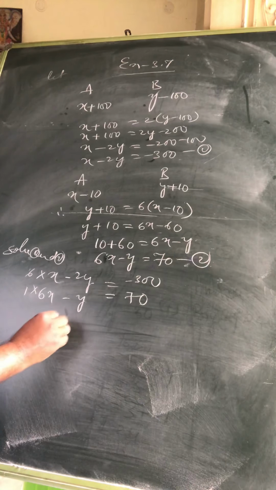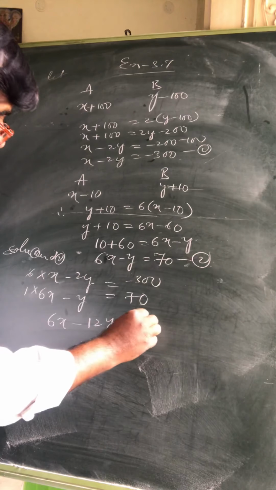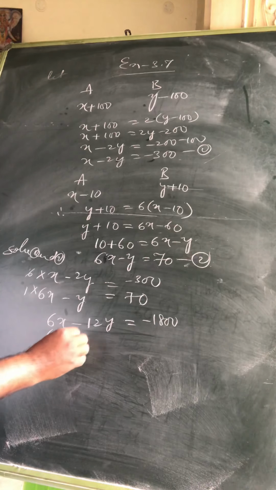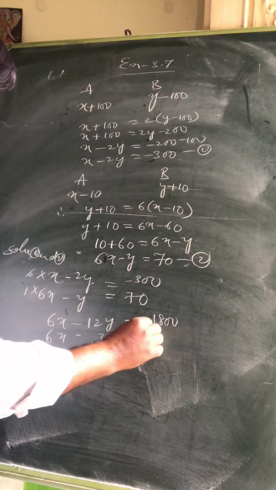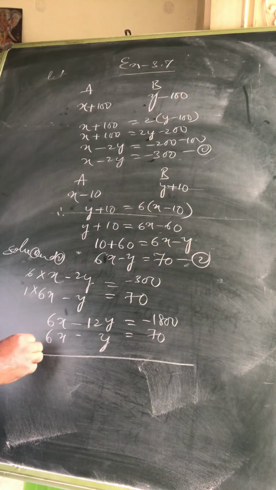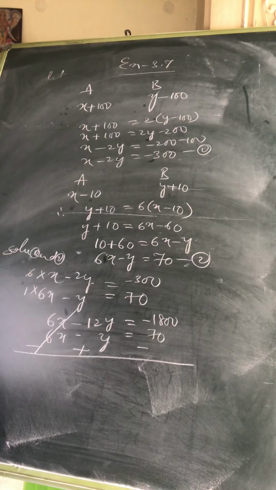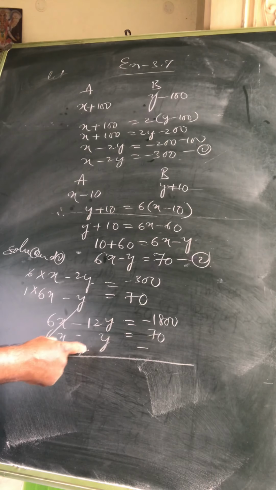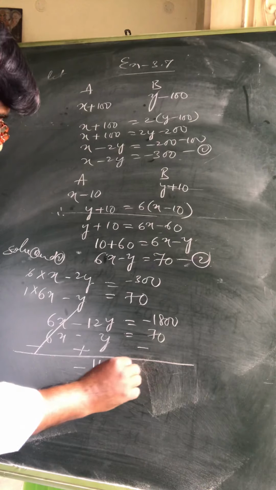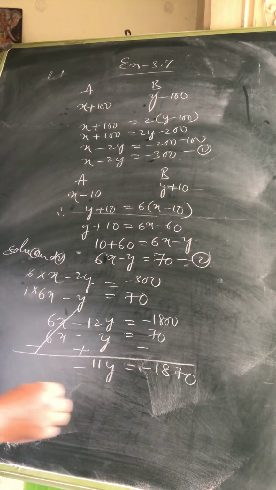So 6x minus 12y is equal to 6 into minus 300, which is minus 1800. Now 6x minus y is equal to 70. Now you can subtract. 6x minus 6x cancels, so minus 12y plus 1y, how much? Minus 11y is equal to minus 1870.